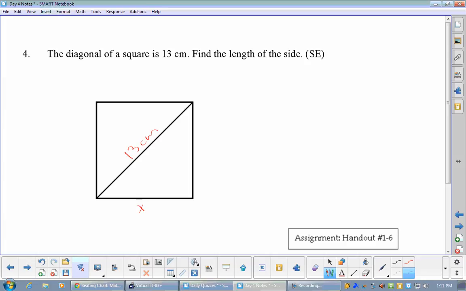Okay, let's do this one as a class. Anyone got any ideas? Yes. Dividing it by 2 doesn't work, actually. That's what a lot of students go for. They want to divide it by 2.